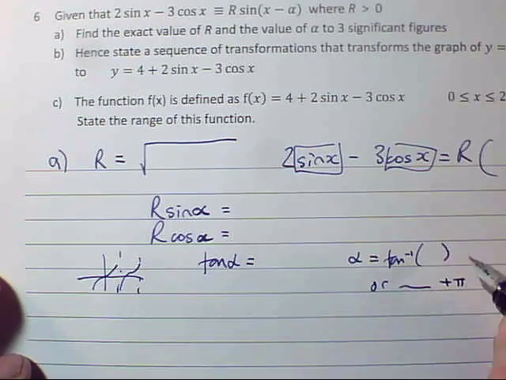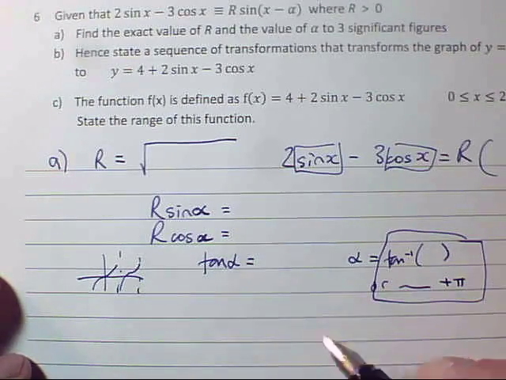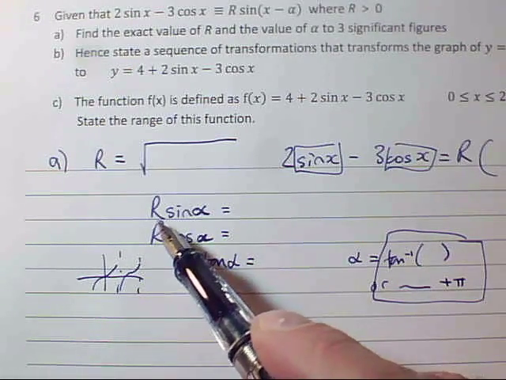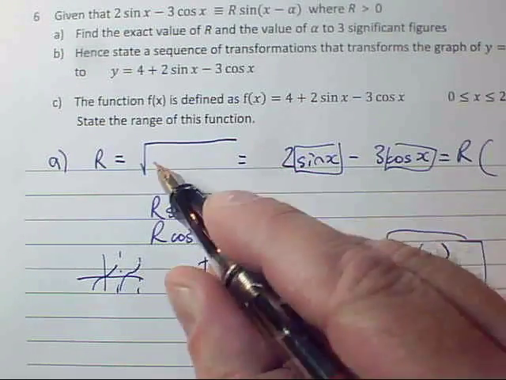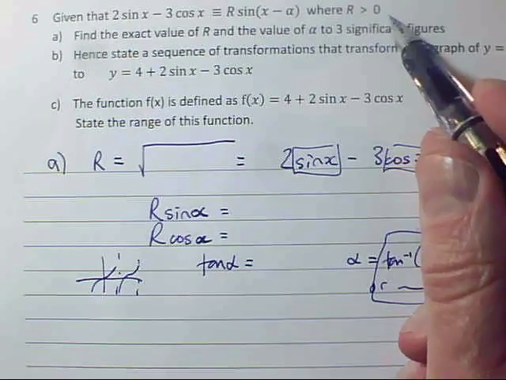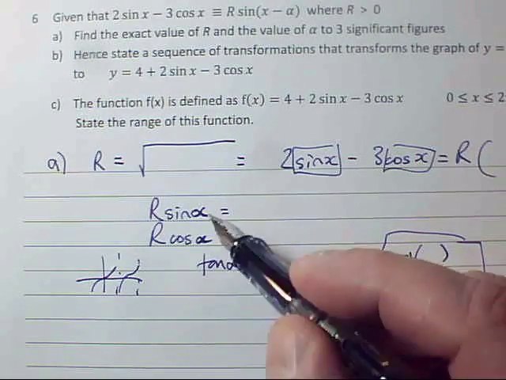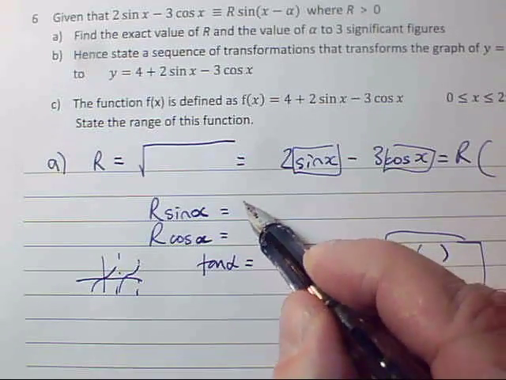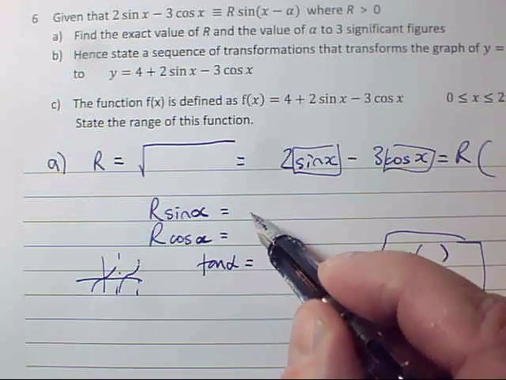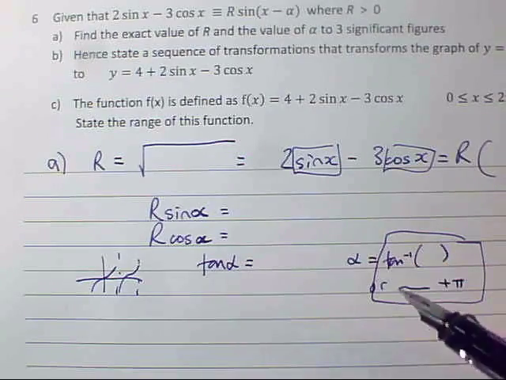So how do you decide which of these is going to work? Well, you know what you need R sine alpha and R cos alpha to be, and you know what R is. You've chosen the positive square root because we always do, and it says we have to. So once you've got your R and a possible alpha, one of these 2, you can substitute them in and see what you get. Now, you'll never be wrong unless you've done something completely wrong.